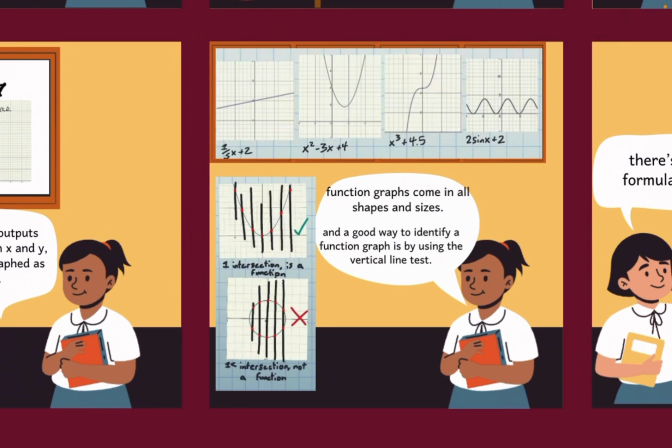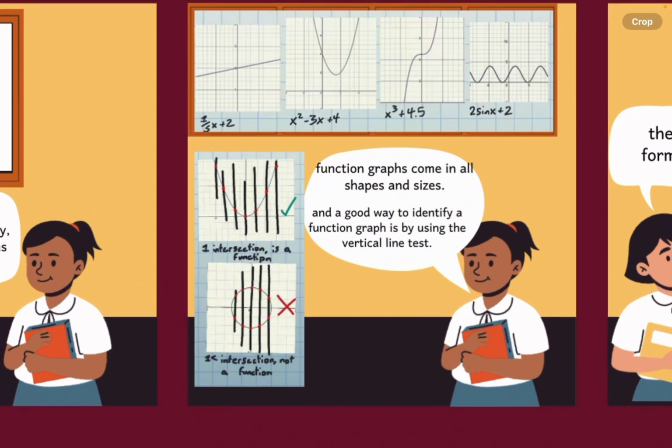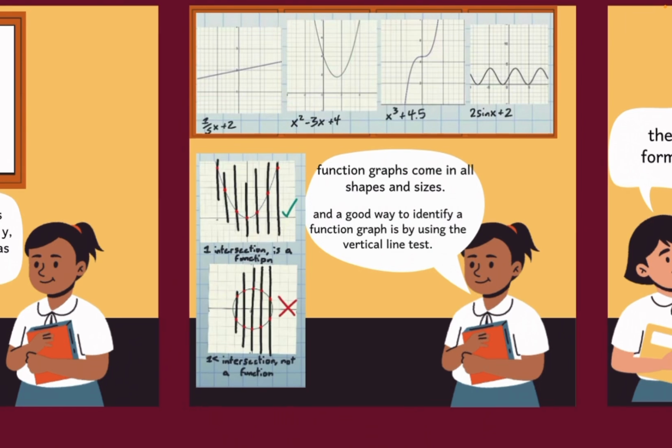For the vertical line test, to check if a graph represents a function, draw a vertical line anywhere on the graph. If the line touches the graph in more than one point, it is not a function. And if the line touches only one point at all locations, it is a function.